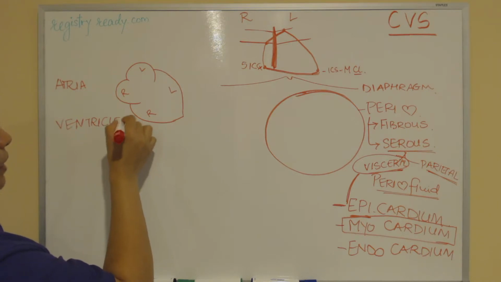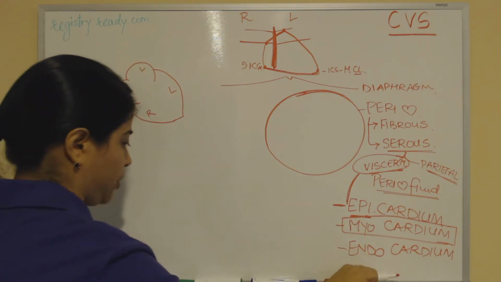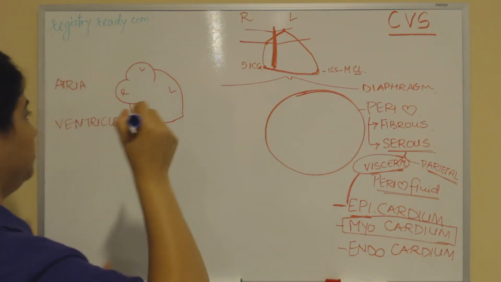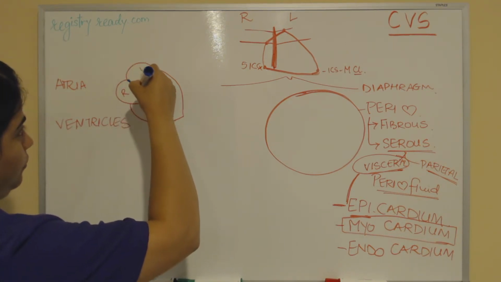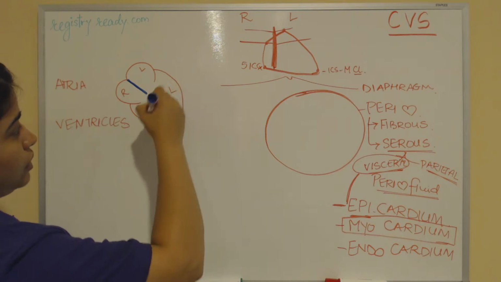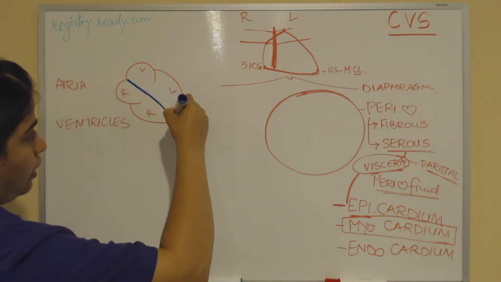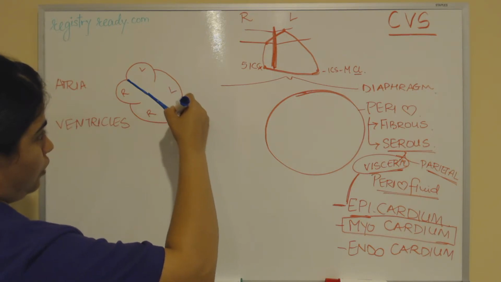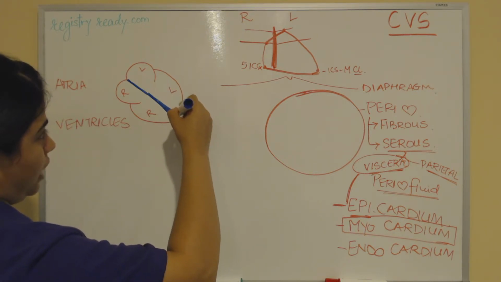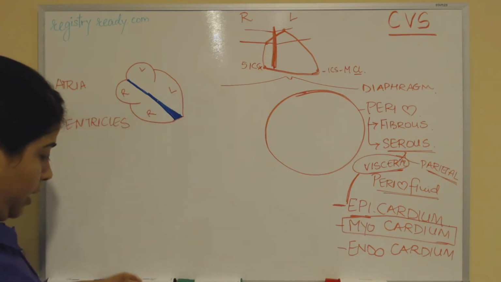Now, how are they divided? Within the atria, there is a septum, which is known as the interatrial septum, and between the ventricles is a thicker septum, which is known as the interventricular septum, and this helps to divide the chambers on the right and the left side.